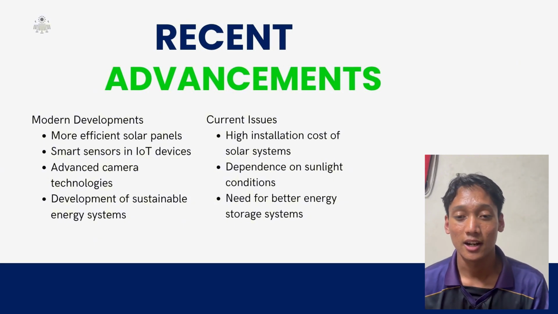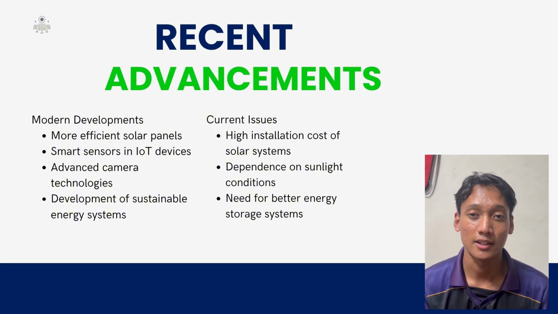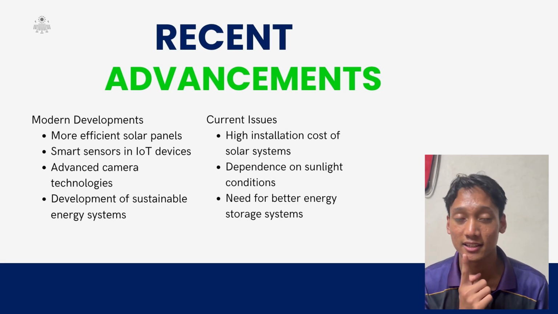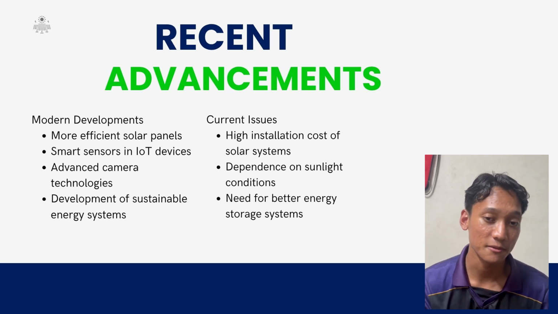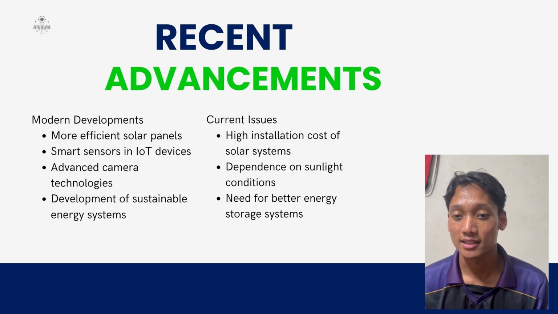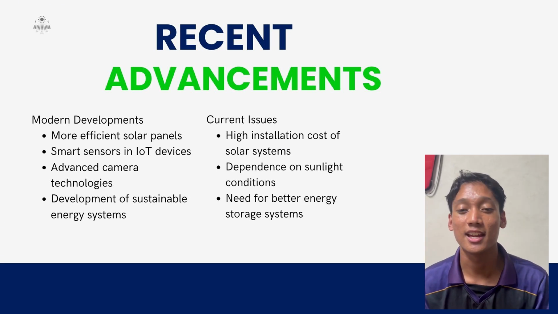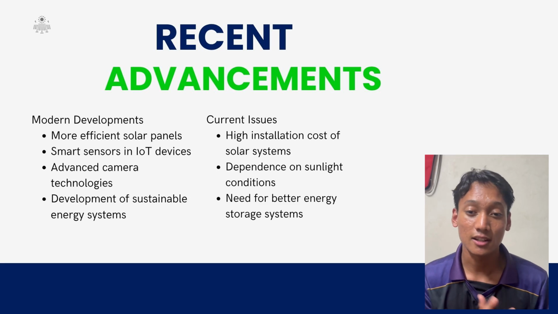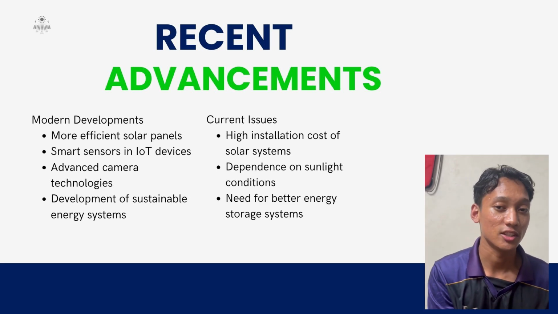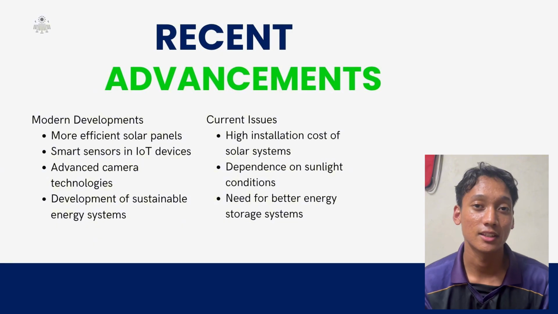The second is current issues: first, the high installation cost of solar systems, dependence on sunlight conditions, and last but not least, the need for better energy storage systems. That's for the current issues. That's all from me. Thank you.